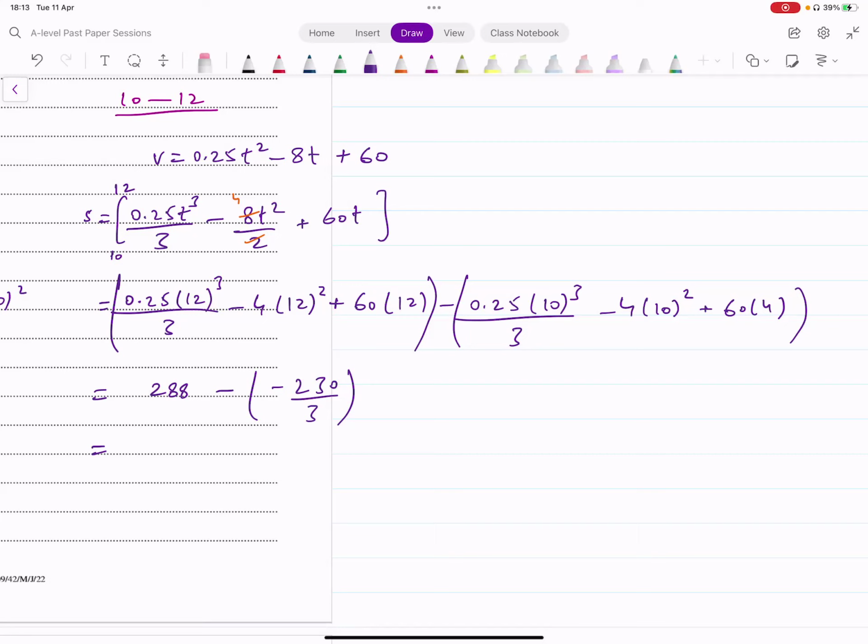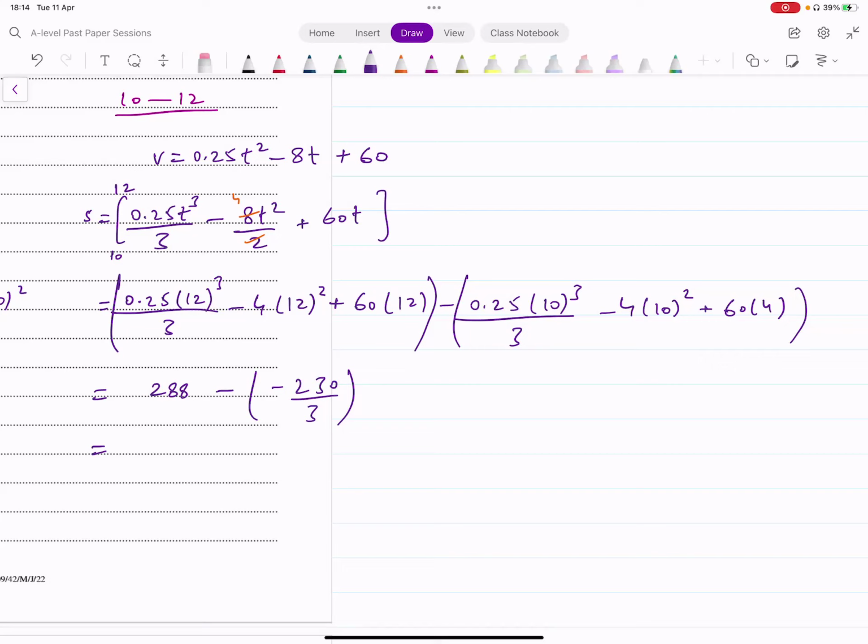There's some calculation error, I think, somewhere. Can somebody confirm what these values turn out to be? The 288 seems to be fine. I'm going to subtract that and just input that here again.